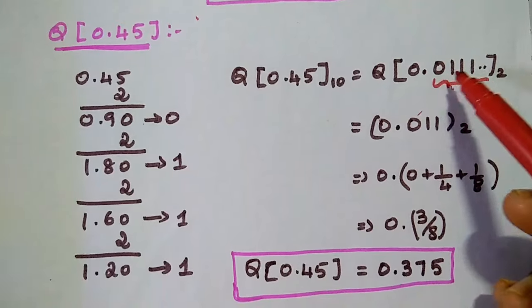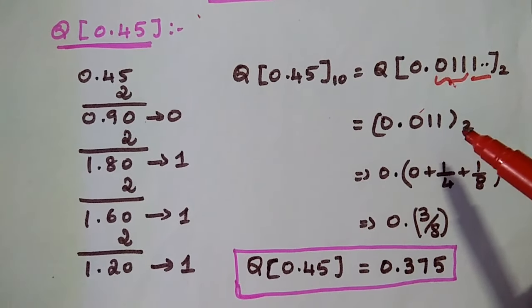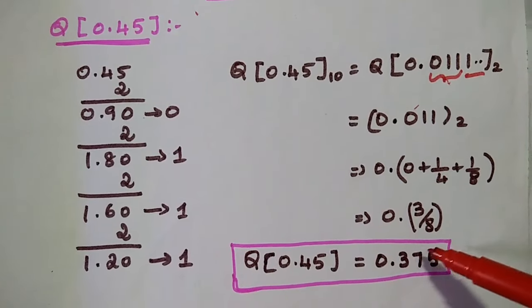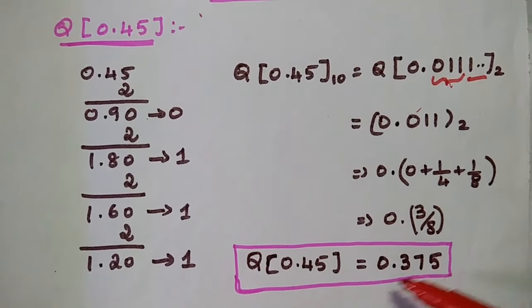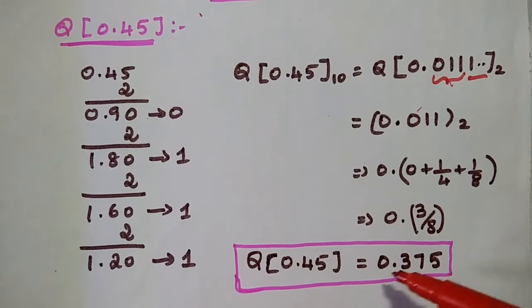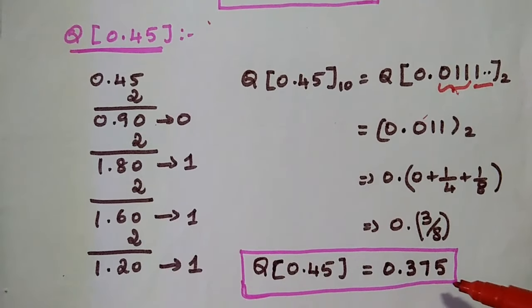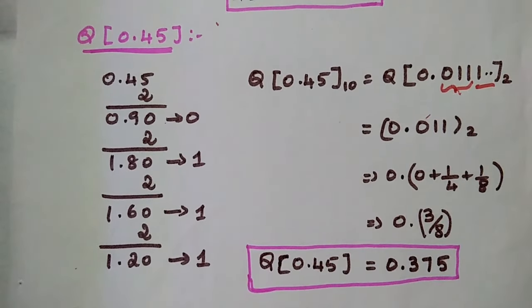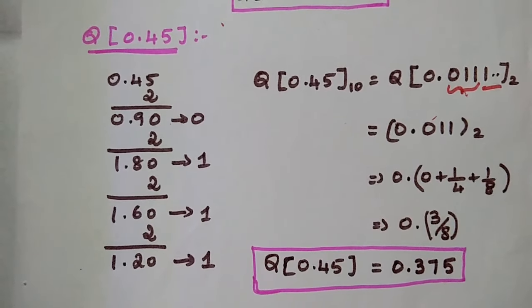So here it is 0.011. That is the truncated value. That equivalent decimal value is nothing but 0.375. It is almost closer to this 0.45. So there is a slight change in the second root value. So this is the quantization in terms of cascade method.